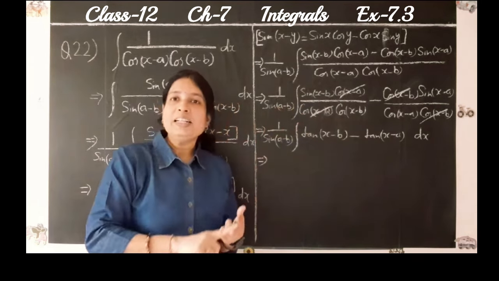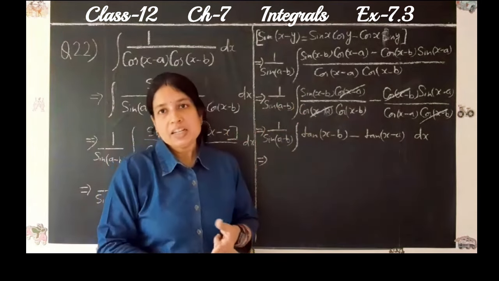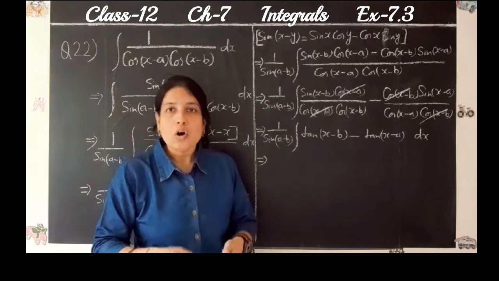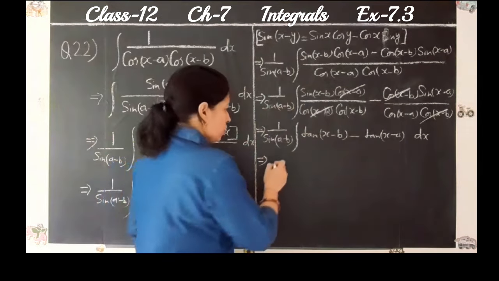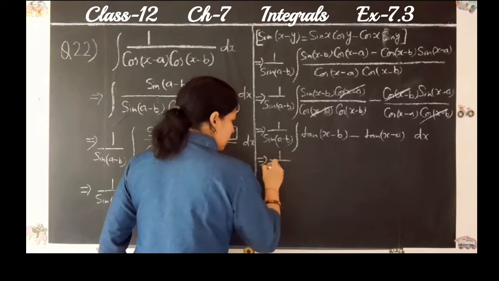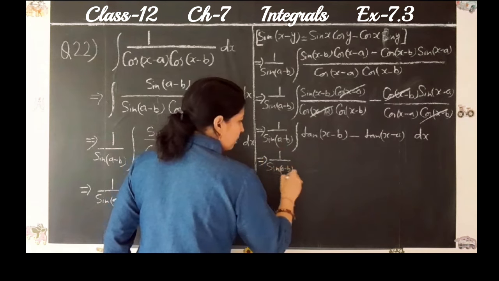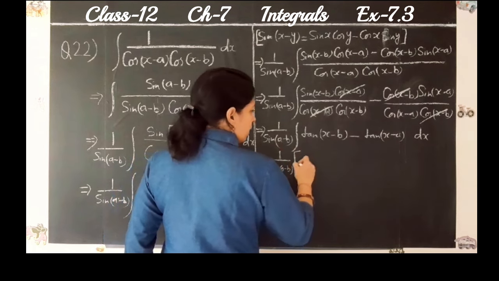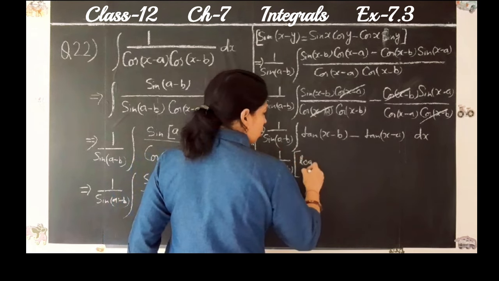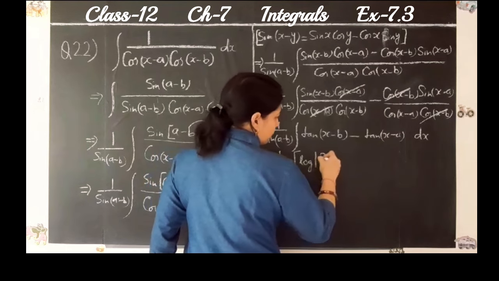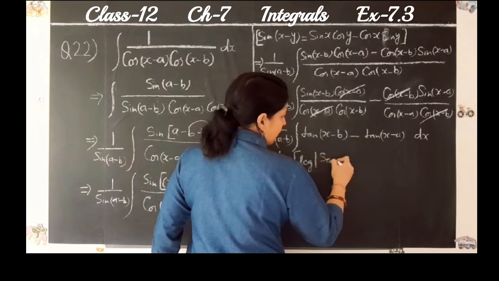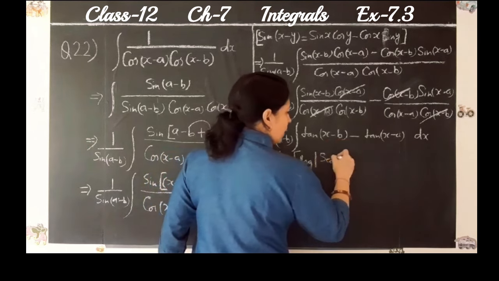What is the formula for the integral of tan x? Yes, the integral of tan x is equal to log mod sec x. So write here, first write this one, 1 by sin(a minus b). This will be log mod sec. In place of x it is given x minus b.